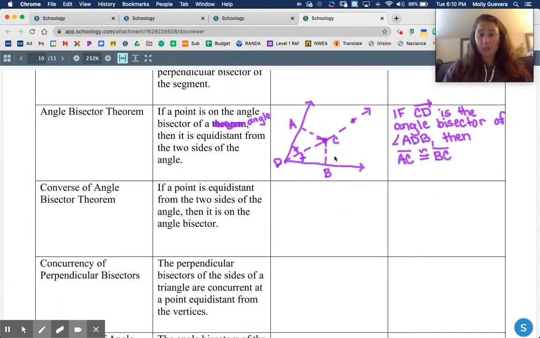They are congruent. So this length right here is the same as this length right here. And then the converse is just the exact same thing going the other way.